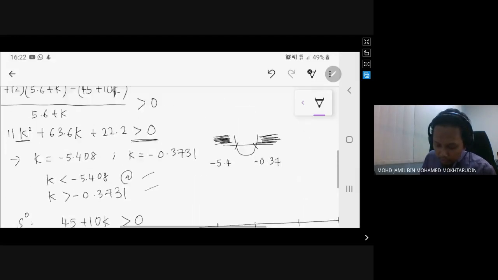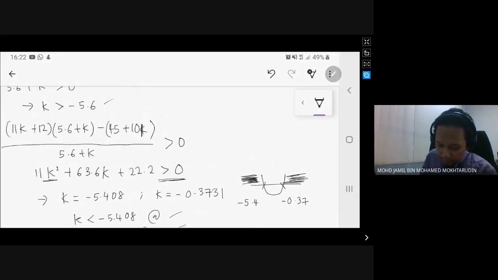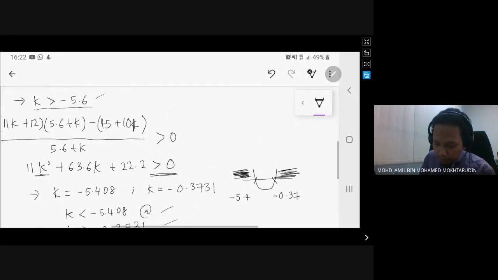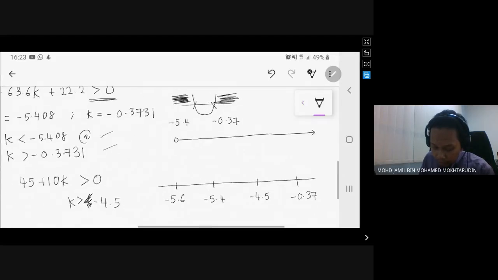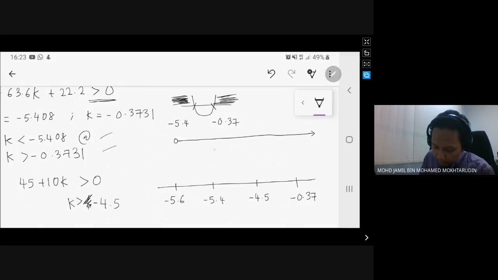So the first range says that k must be bigger than negative 5.6. So you draw a line in this direction, okay, meaning bigger than negative 5.6. And then the second one says k is less than minus 5.4 or bigger than minus 0.37.